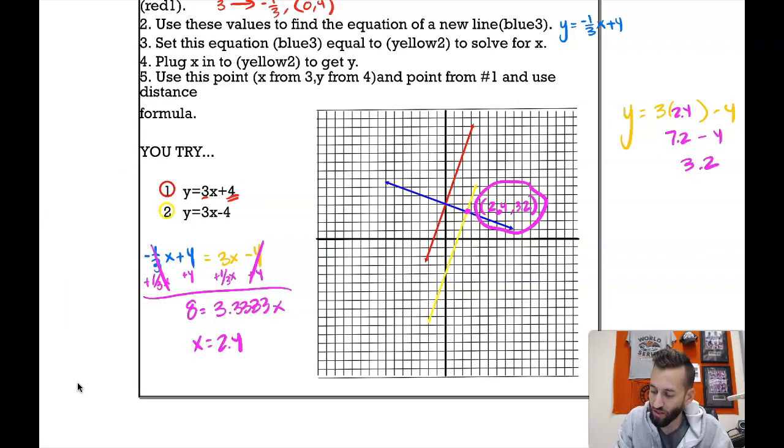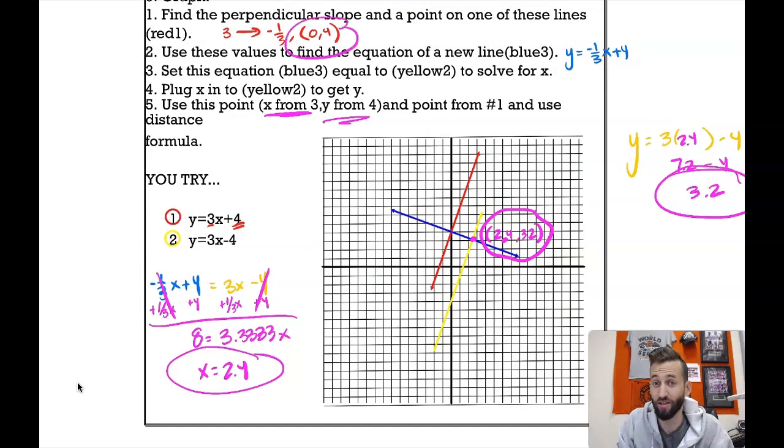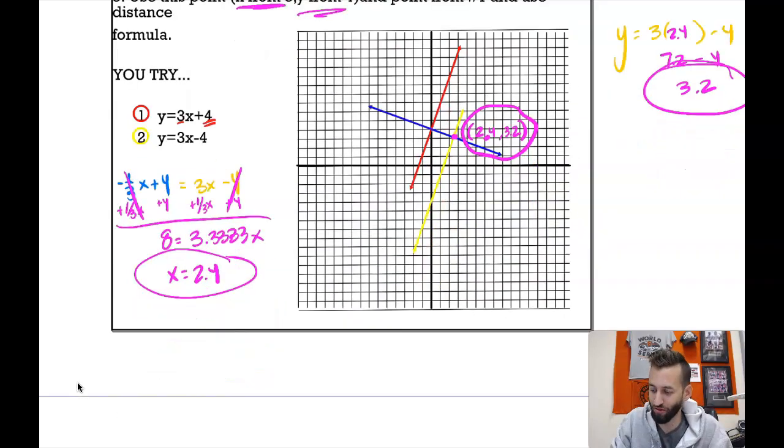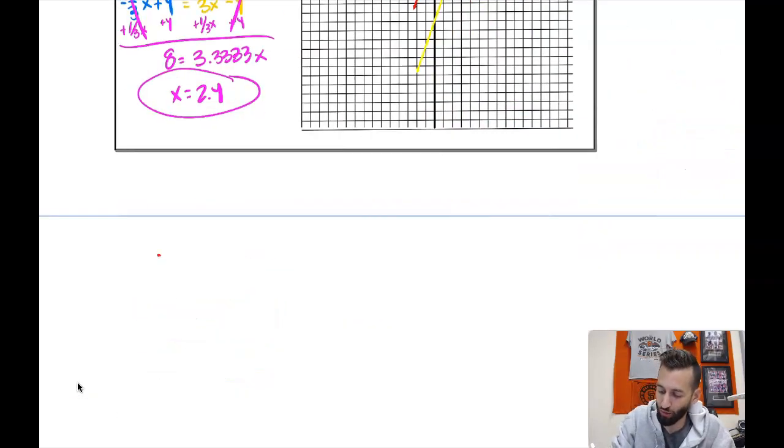Okay, so you've got this new point right here. Notice, use this point, x from step number 3, y from step number 4, okay? And the point from number 1, which is this red one, and do the distance formula. So now the rest of the time, I want to say all we're doing is the distance formula. We got 2 points. 0, 4, and 2.4, 3.2.